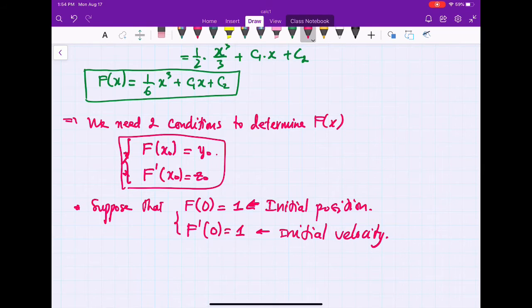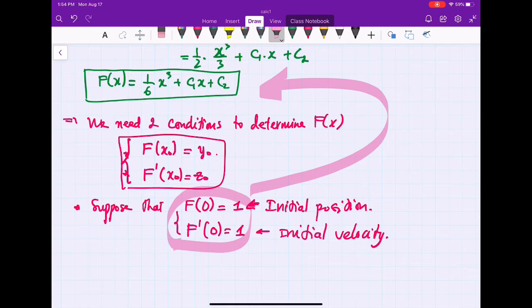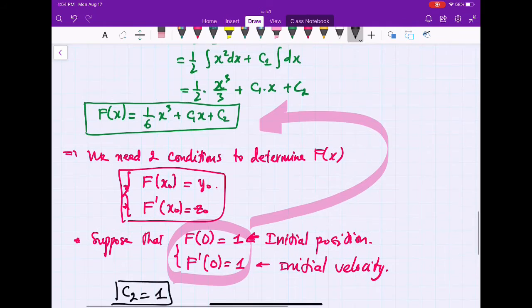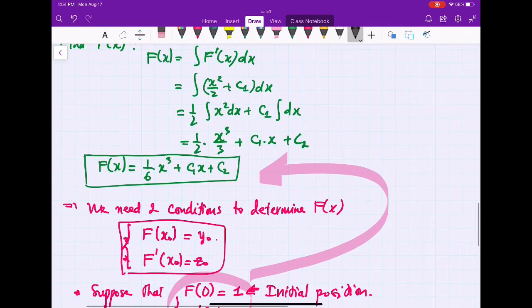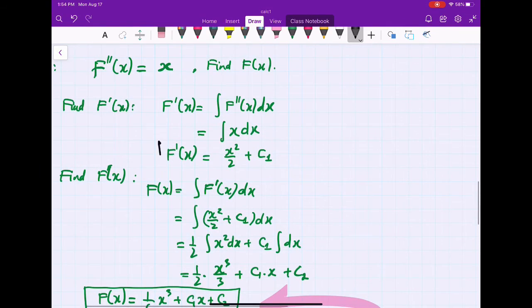Okay, now I will plug these two conditions into the equation of the function. So I get the following. When x equals 0, the function is 1, so C2 is just equal to 1. You see that? And then if you want to use the condition for the derivative, you need to plug x0 into this.